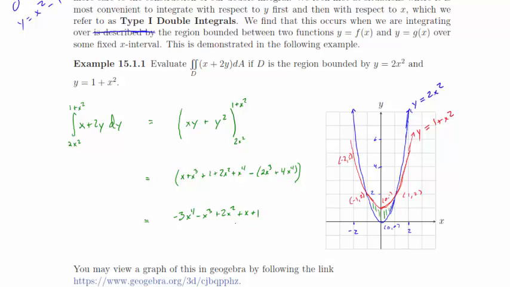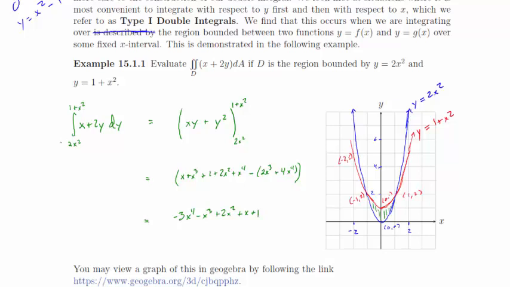What we really see in order to set up this integral is that because our functions are already given as y equals 2x squared and y equals 1 plus x squared, we don't have to solve for x here. We don't have to do anything weird to get x values in terms of y values. My y values for this region are given in terms of x values.